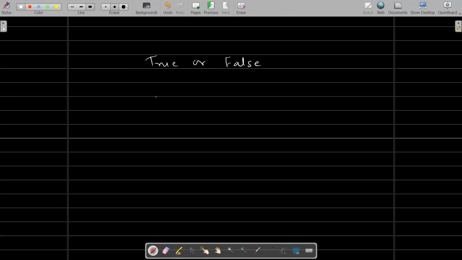Okay. So if you want to claim false, just one counter example is sufficient. What I mean by counter example, kind of an anti example, right? One counter example is enough.